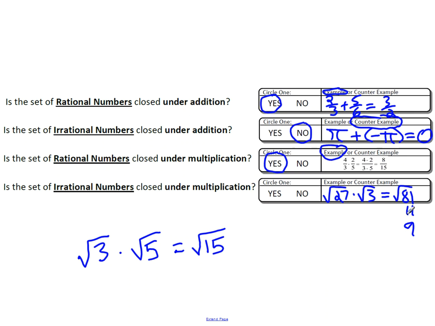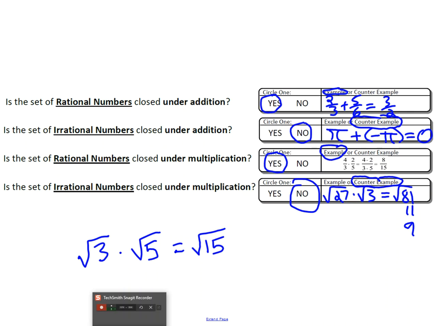That's a rational number. So this, my friends, is a counterexample. So there are some irrational numbers where, as long as the radicands multiply to a perfect square like 81, you can take the square root of it and get 9. So this answer is no. The set of irrational numbers is not closed under multiplication.